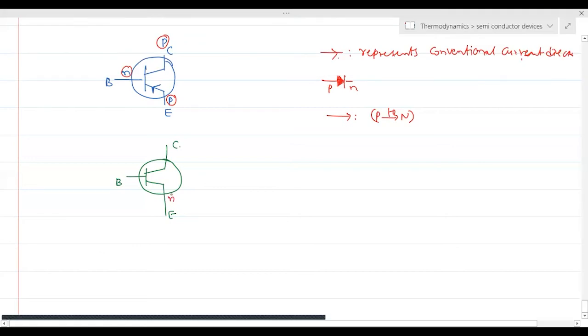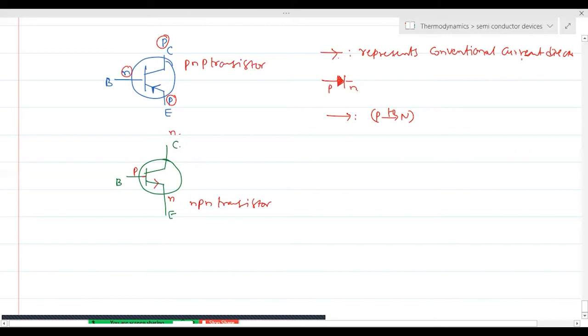Suppose this is N, this is P, and this is N. The important condition is that only between the emitter and base do you need to draw the direction, from P to N. Clearly you can see this is the P and this is the N, and from P to N you write the arrow. So this is the NPN transistor, and this will be the PNP transistor.